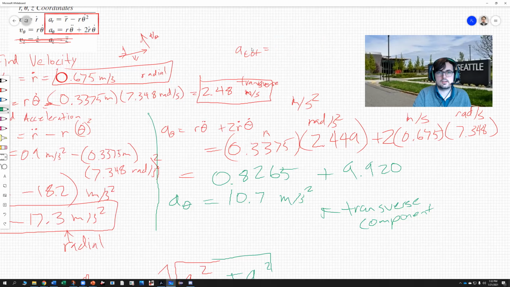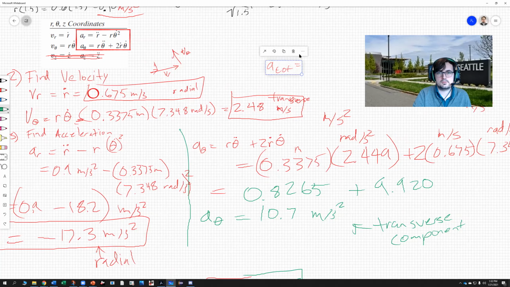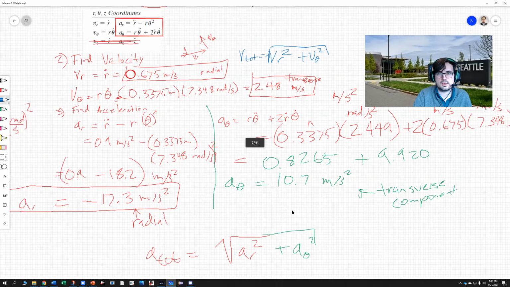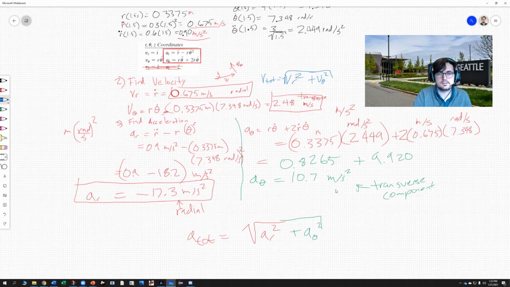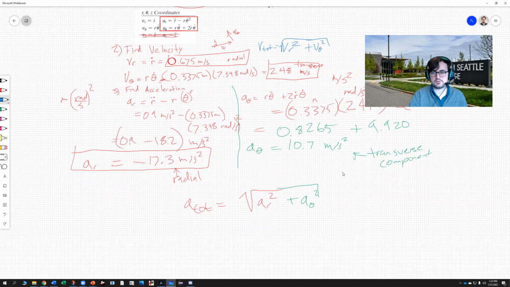Let's change that to total velocity. So v total equals the square root of v_r squared plus v theta squared. And that's how we approach an r theta, or radial polar coordinate cylindrical component problem.